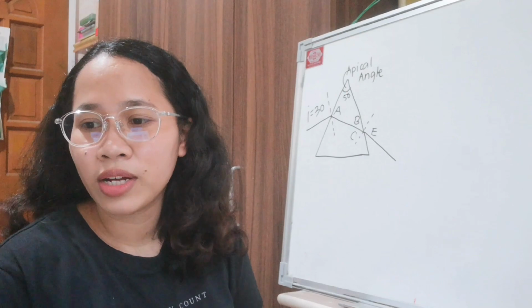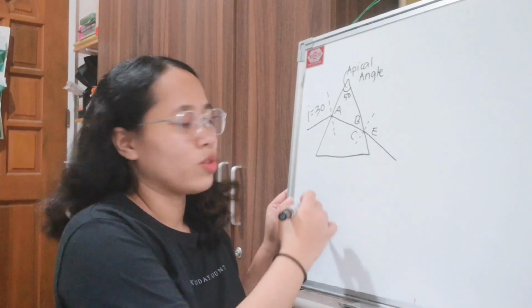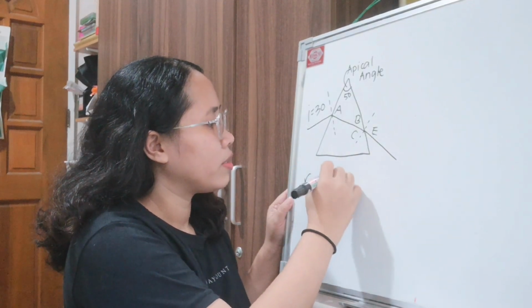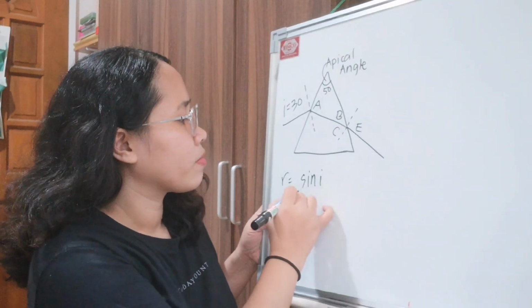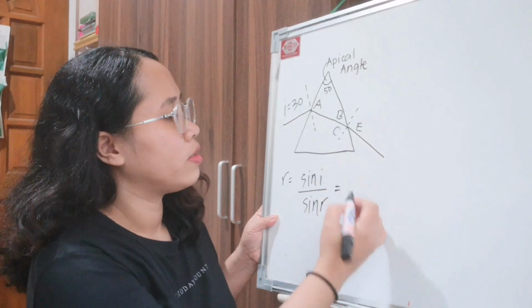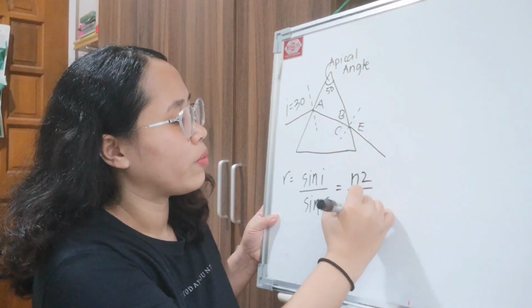We go to the law of refraction. For R: sine of incidence over sine R equals N2 over N1.